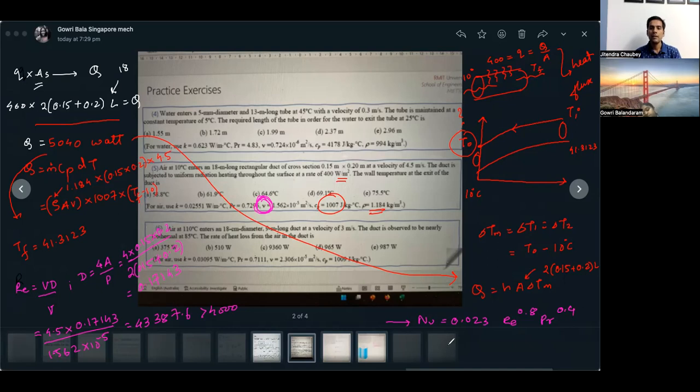Now we can find the Nusselt number. They have given us the Prandtl number, 0.7296. So 0.023 into Re, which is 49387, and Pr is 0.7296, raised to 0.4.